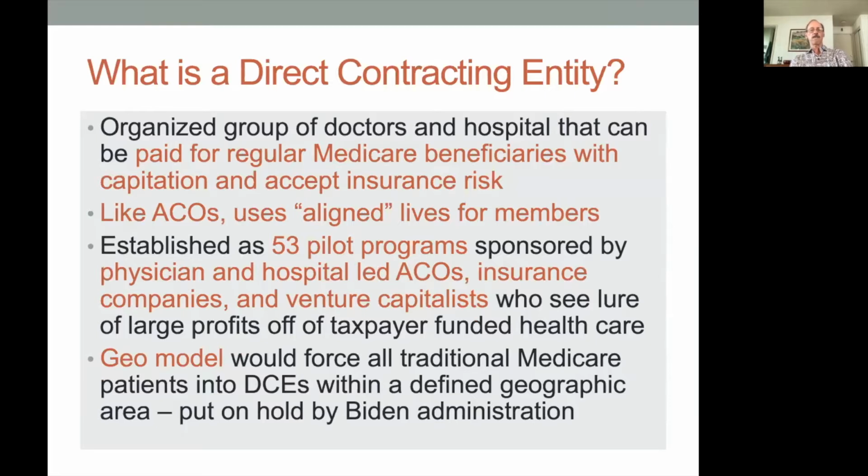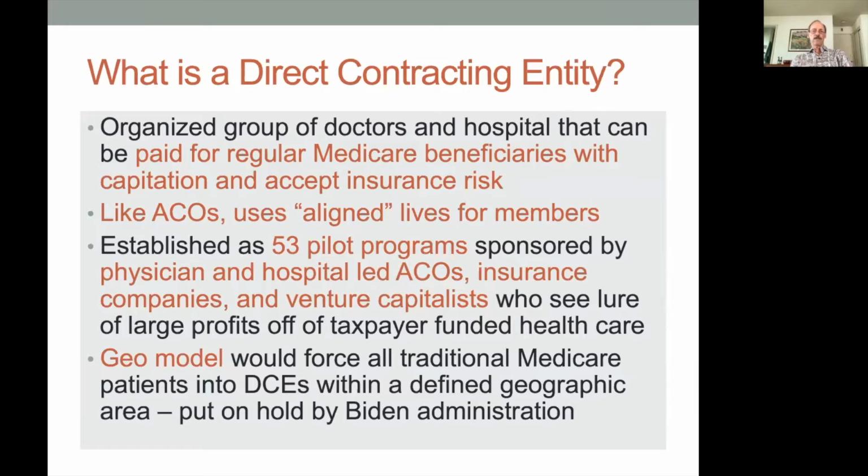There are 53 pilot DCEs around the country, most sponsored by physician and hospital-led ACOs, some by insurance companies, and some by venture capitalists who are looking to make profits off of taxpayer-funded healthcare. The insurance companies, there's only 6 of them out of 53, but they cover 57% of all the people that are in DCEs. So they're actually the largest section.